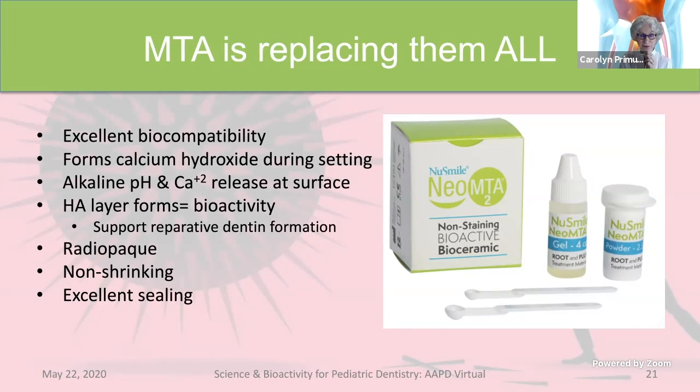Excellent biocompatibility, the formation of calcium hydroxide during setting, which leads to the alkaline pH, the calcium ion release, the bioactivity, which is going to support your reparative dentin formation. These products are radiopaque, non-shrinking, and the non-shrinking gives you excellent sealing.